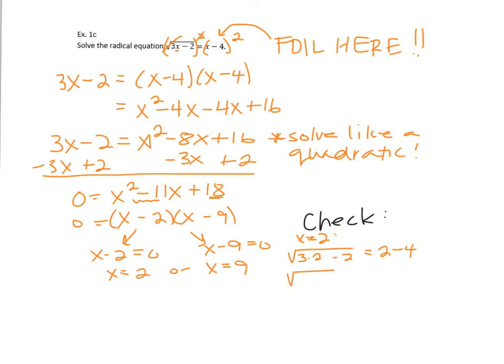Simplifying, 3 times 2 is 6, minus 2. The square root of 4 is positive 2. But on the right, 2 minus 4 gives us negative 2. We can't have a positive output on one side equaling a negative output on the other. That means 2 is extraneous.